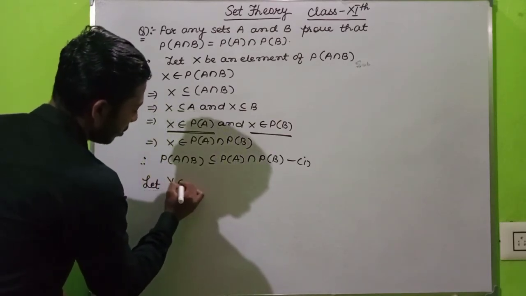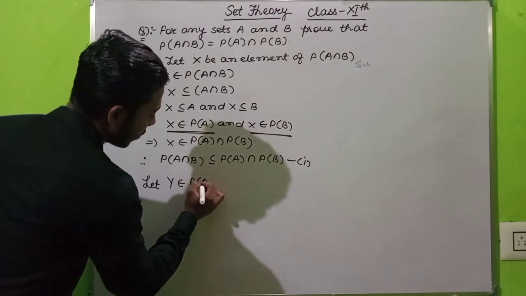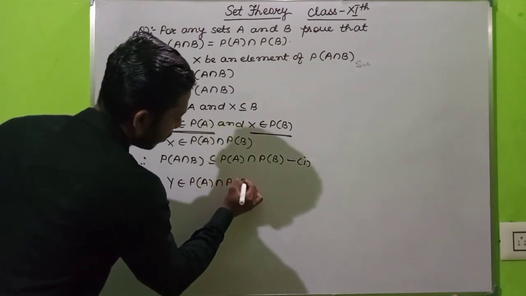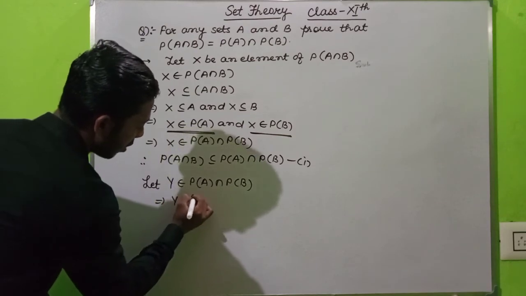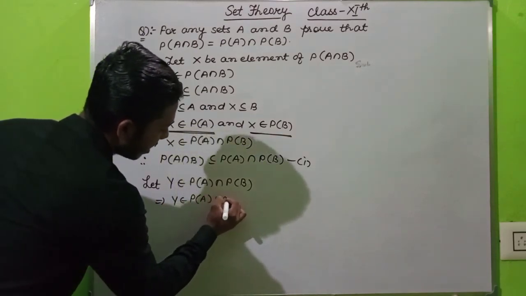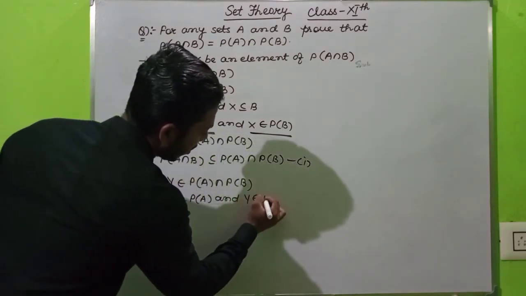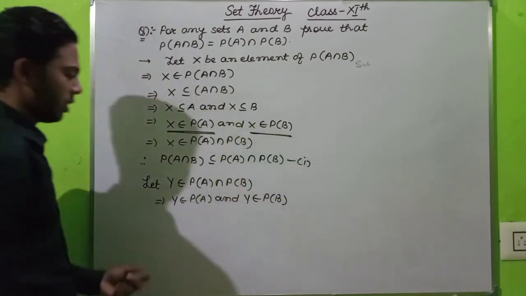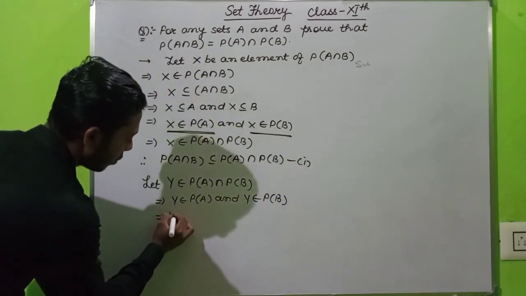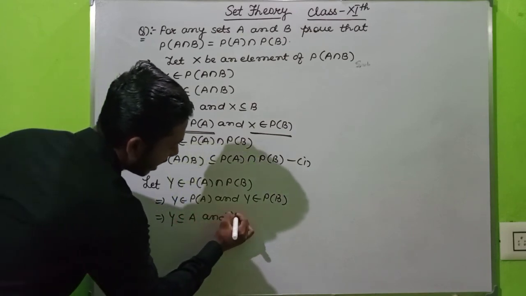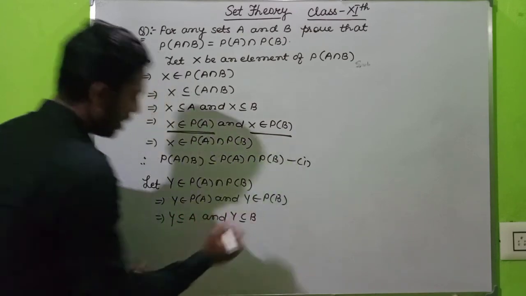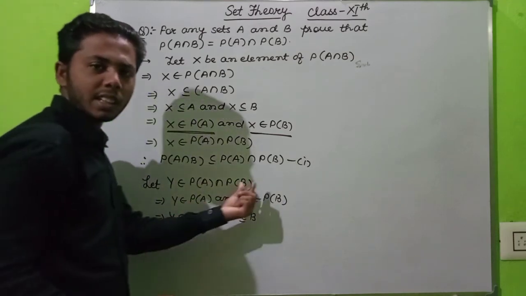Now let capital Y be an element of power set of A intersection power set of B. So we can say that Y belongs to power set of A and Y belongs to power set of B. So we can say that Y is a subset of A and Y is a subset of B. जब सबसेट होगा तभी पावर सेट में कंटेन होगा एलिमेंट.